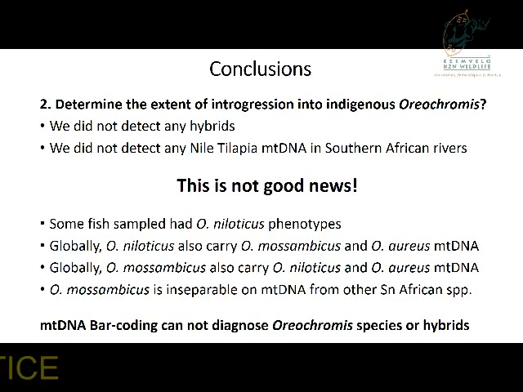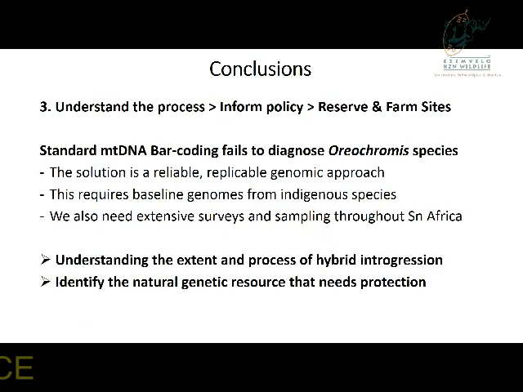And so this method, which is actually being touted as the method for detecting hybridization in Nile tilapia, fails completely. It's not possible to use it for that. And there's also other hybrid situations which you just can't pick up, which occurs.